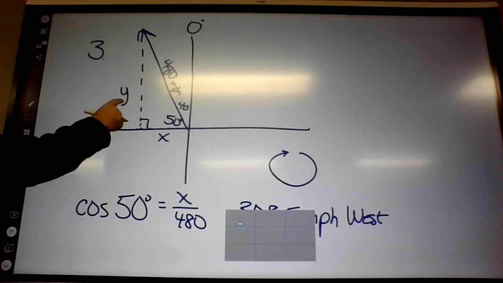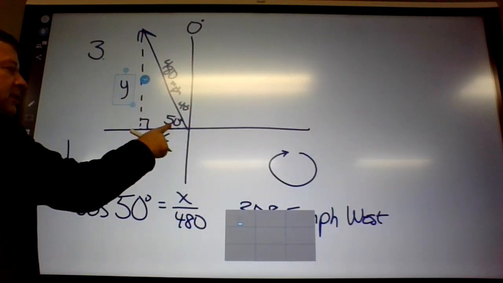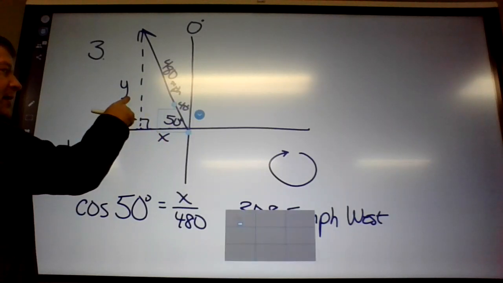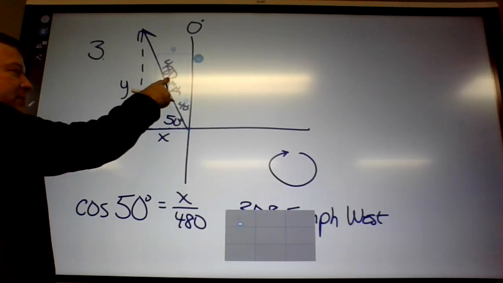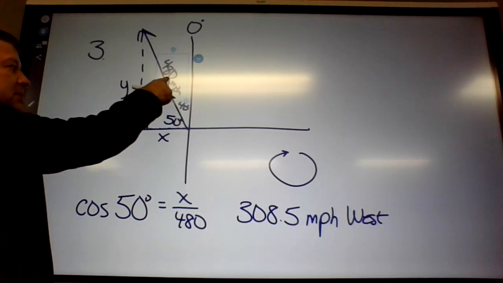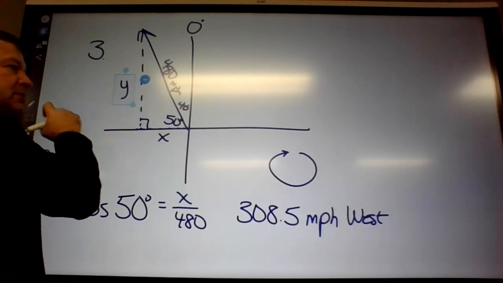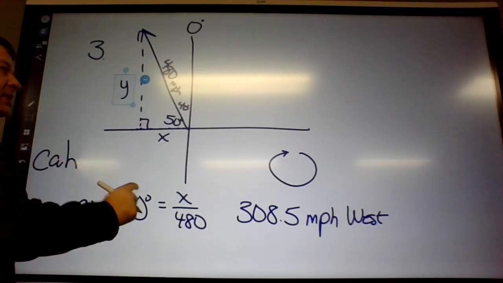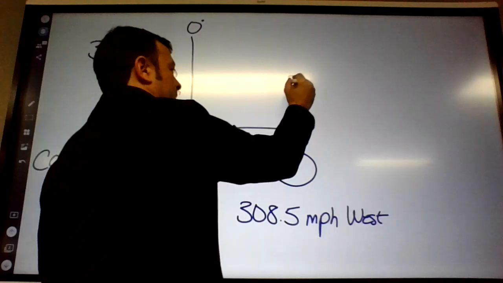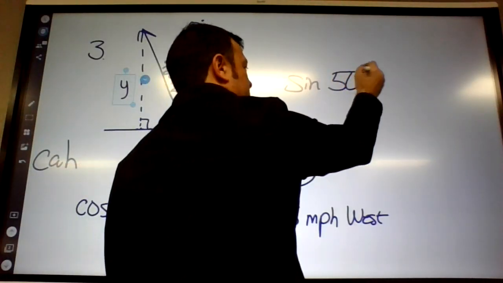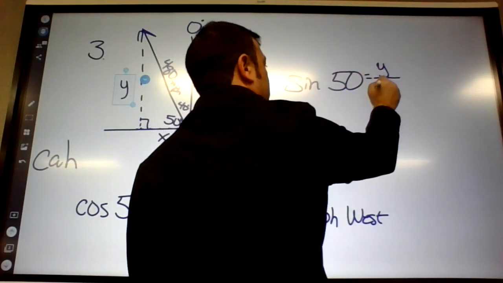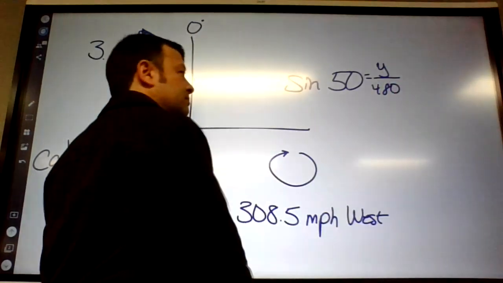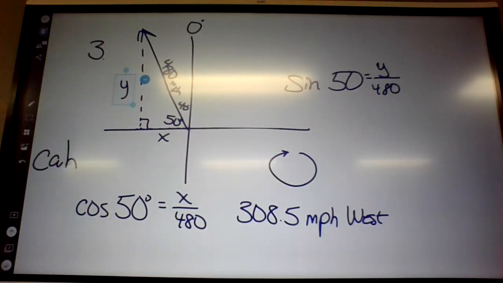And, okay, so for the north direction, relative to this angle, we're looking for the opposite. We have the hypotenuse. Which trig function would that be? Sine. So sine of 50 equals opposite over hypotenuse. So kind of the same thing, but sine.